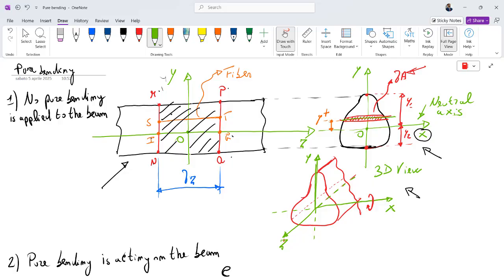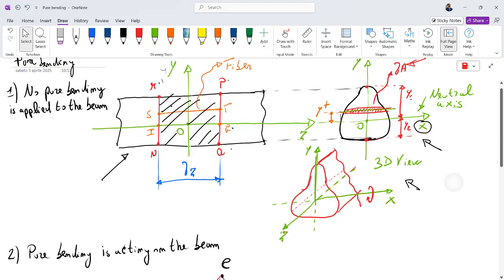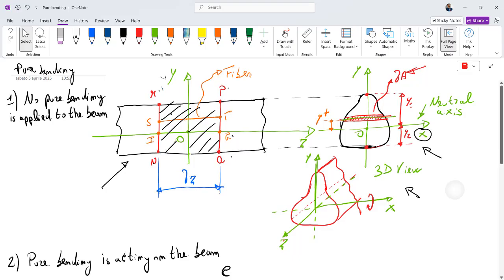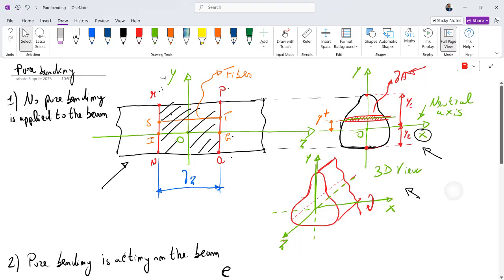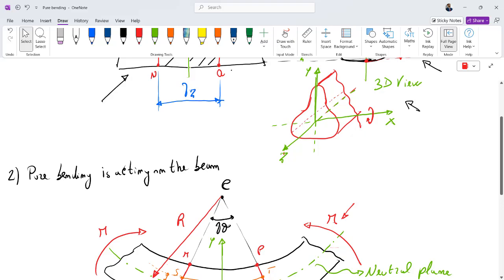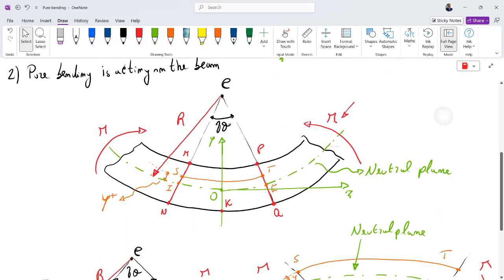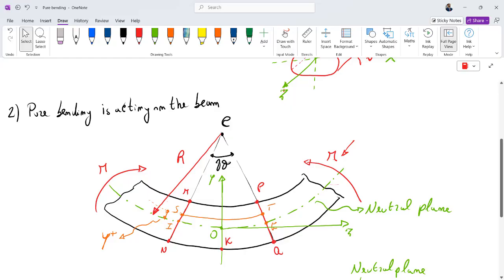So this portion of beam highlighted in black has a length of dz, here written with the blue pen. Here no bending is applied on the beam. The beam is at rest, but when we apply some bending moment on a beam, we obtain something like this.